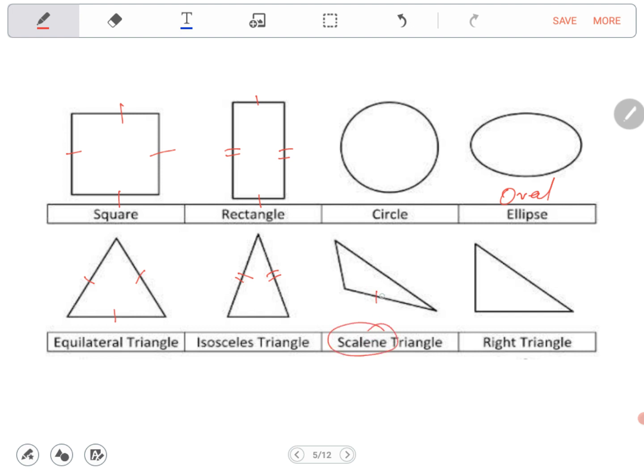So this side has its own size, this one has its own size, and this one has its own size. And finally, we have a right angle triangle where we have a 90-degree angle. A right angle triangle can either be a scalene or an isosceles triangle, but definitely cannot be an equilateral triangle.